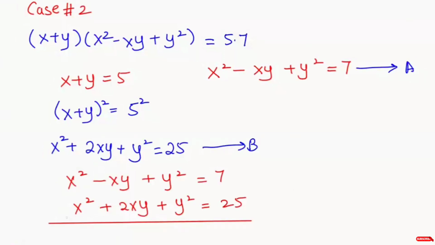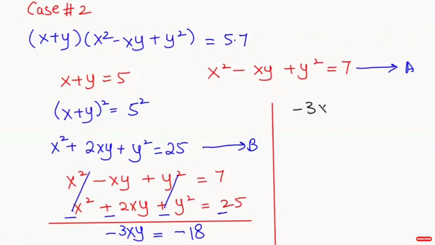Here I'm going to first change the signs. So here this will cancel out and this will cancel out. So here we'll get minus minus plus. So here we get minus 3xy is equal to plus minus minus. Here we'll get minus 18. Now this minus 3 is multiplying, so it is going to divide both sides.